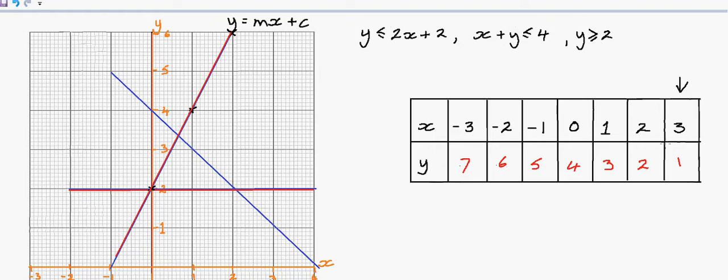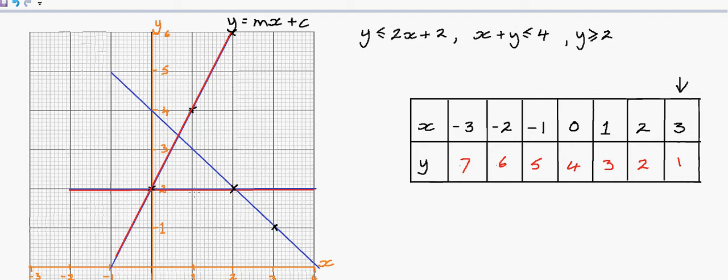Okay, so now we go and we plot our points. So where x is 3, y is 1. Where x is 2, y is 2. X is 1, y is 3.